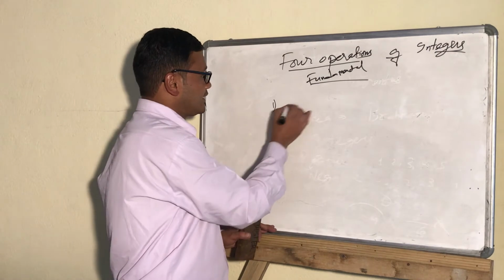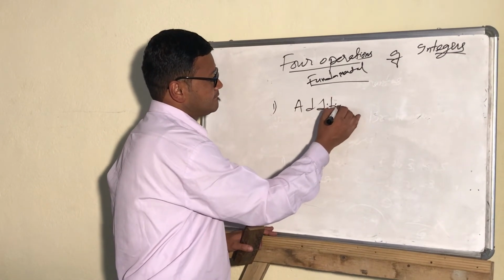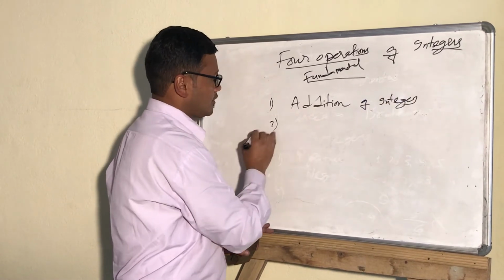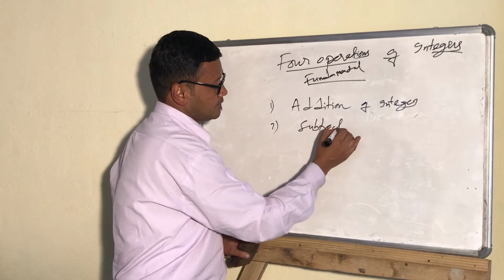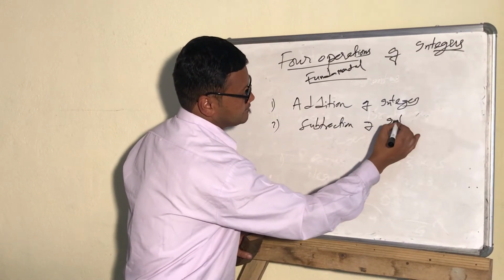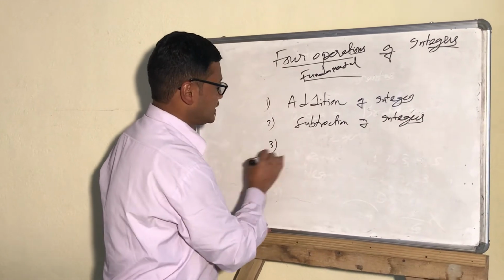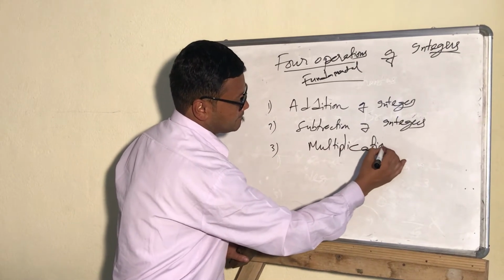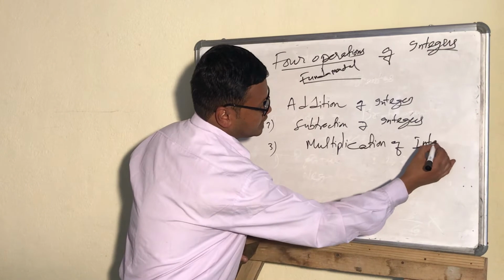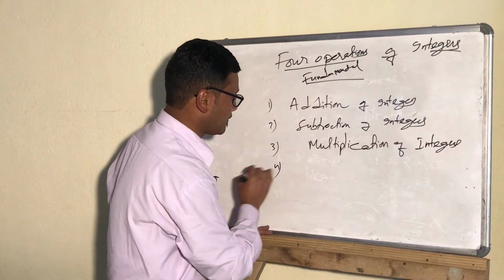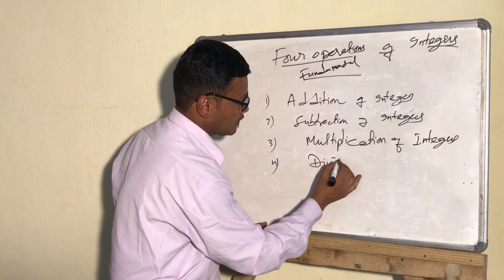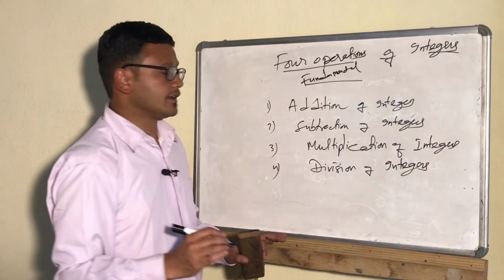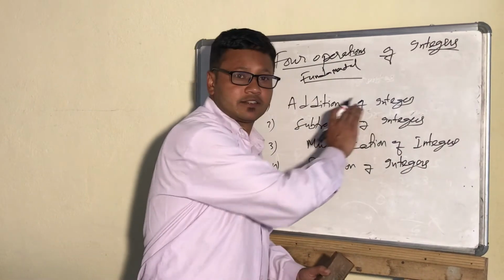Number 1, addition of integers. Number 2, subtraction of integers. Number 3, multiplication of integers. And number 4, division of integers, okay?